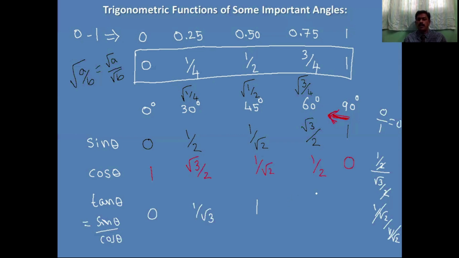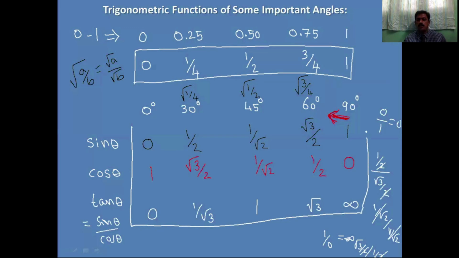Then root 3 by 2 divided by 1 by 2, the 2 and 2 cancel, and simply we get root 3. Anything by 0 is infinity, so here you will get infinity. This is the way we can derive this angle table.